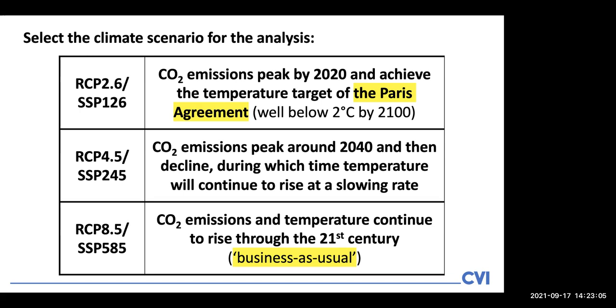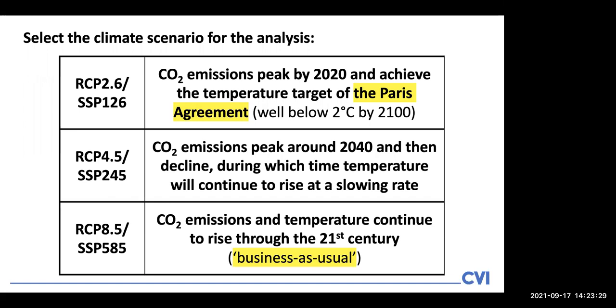You'll see also that there is a second set of numbers below, a second code. The SSP stands for the Shared Socioeconomic Pathway. And so this is combining the effects of the radiative forcing system, the physical system, with the social and economic choices that the global community makes through the course of that time.